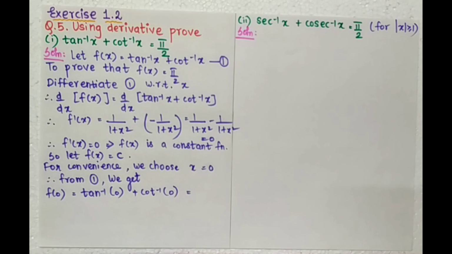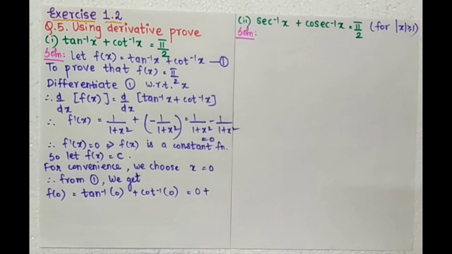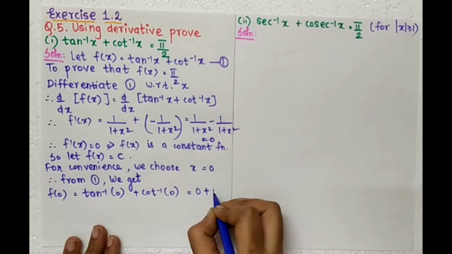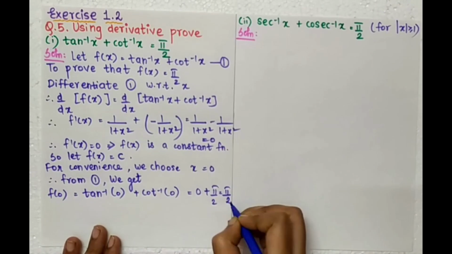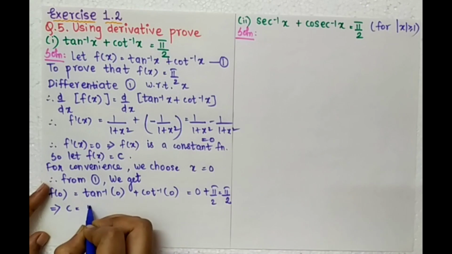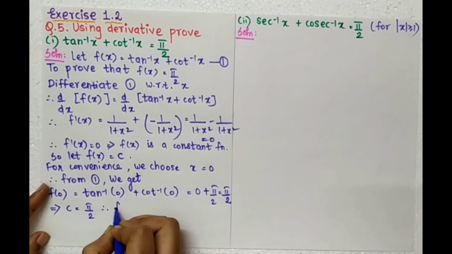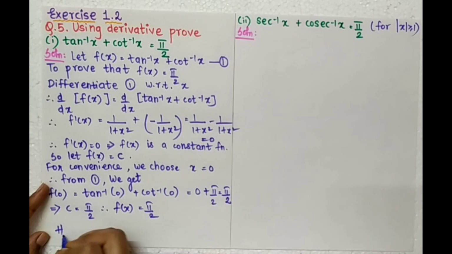Whenever tan is 0, the angle is 0, so tan inverse of 0 becomes 0. And whenever cot is 0, the angle is 90 degrees, so cot inverse of 0 is pi by 2. So 0 plus pi by 2 is pi by 2. Therefore, our c is pi by 2, and f of x equals pi by 2.